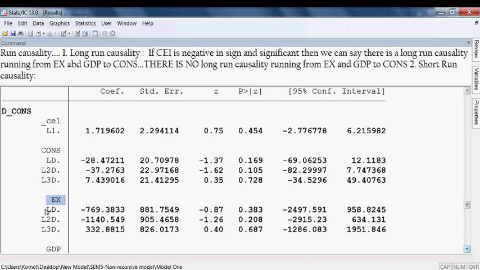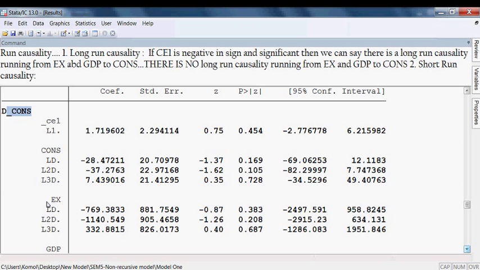Or I can say whether EX lag 1, EX lag 2 and EX lag 3 jointly can cause cons or not, right? That we want to check now. Okay, how to check it?